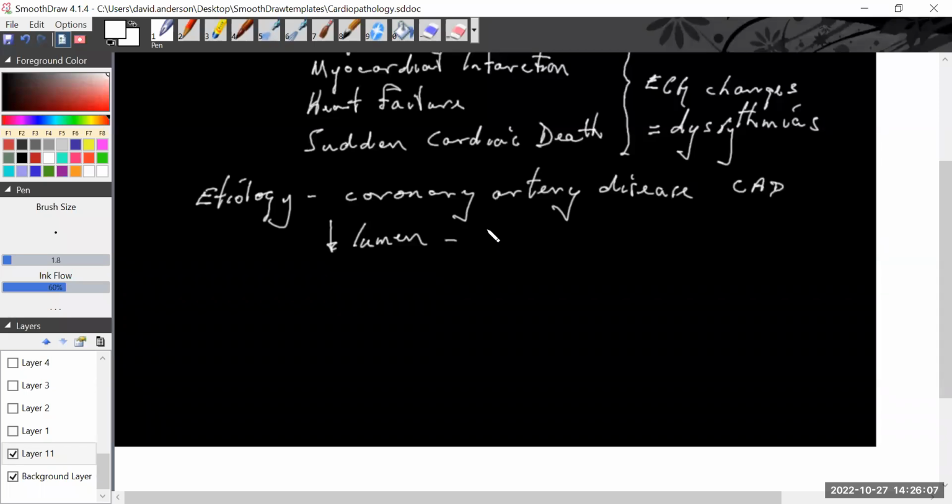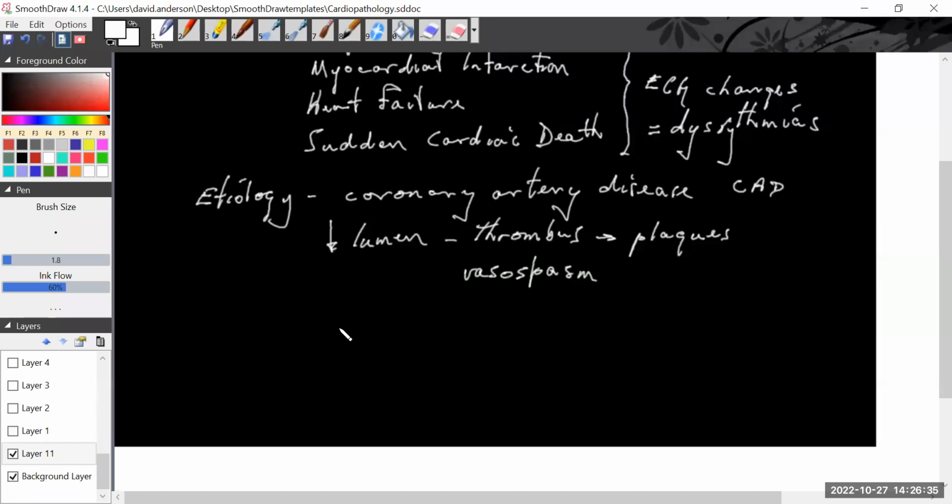Probably due to the formation of a thrombus and the plaques that grow, but possibly also from vasospasm, as we talked a little bit about. We know that there's at least one form of angina that's caused by vasospasm, but those are the sort of most common areas.